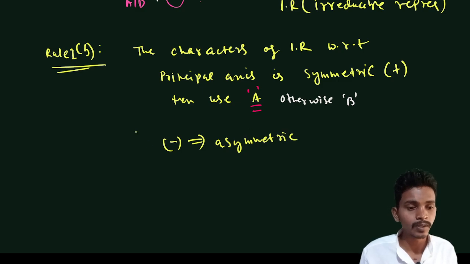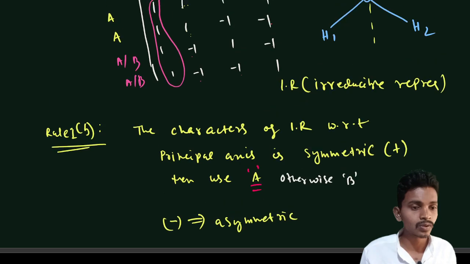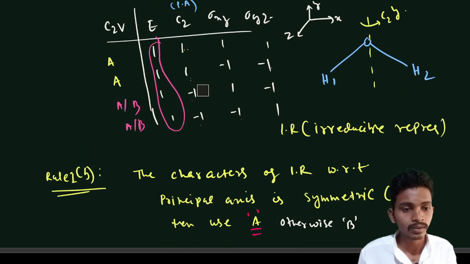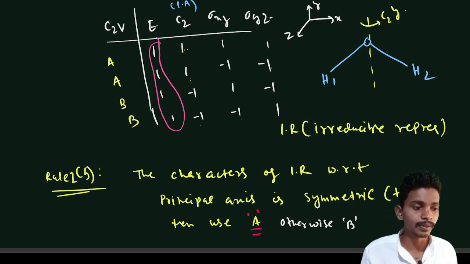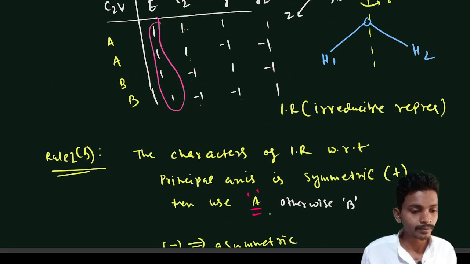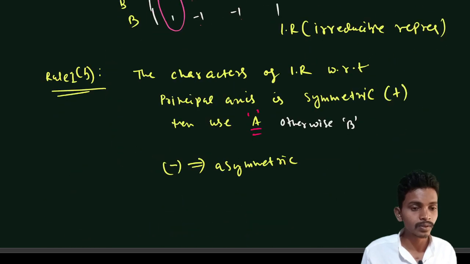So if the principal axis is negative, then that is asymmetric, and at that time I will have to use B. So this is negative, I will use B. This will be B, this will be B.